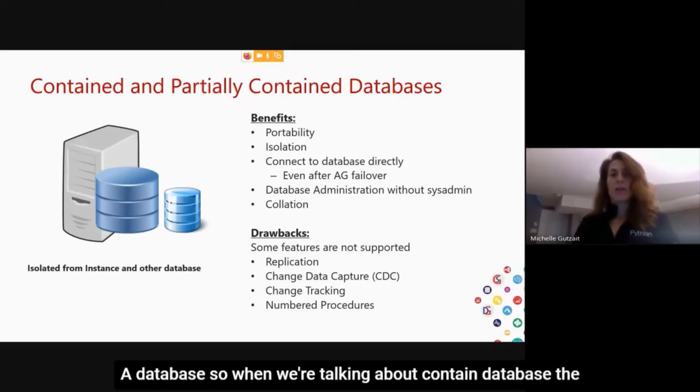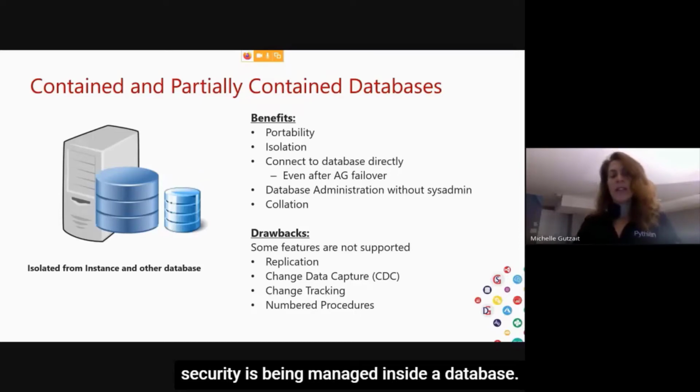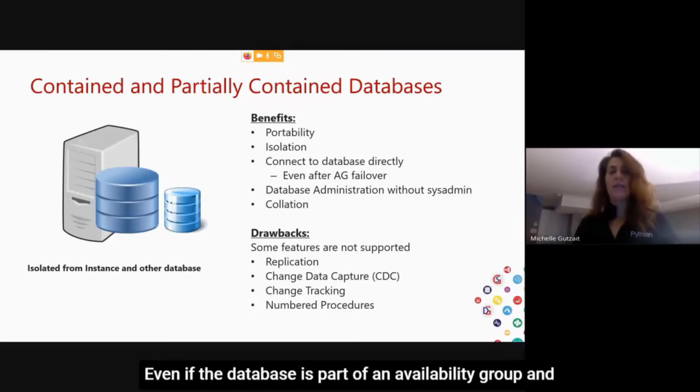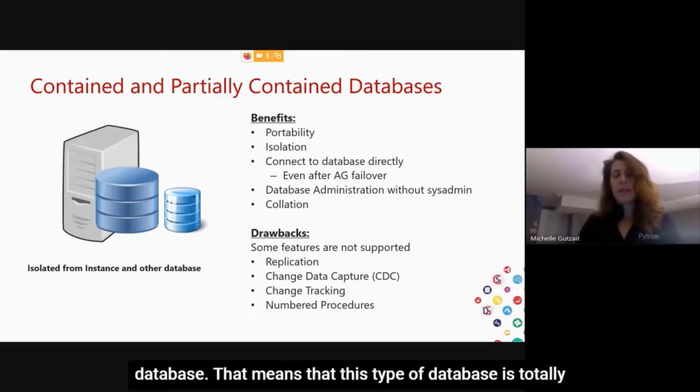So when we're talking about contained database, the security is being managed inside a database. So the users are connecting directly to the database. Even if the database is part of an availability group and there is a failover, the users can connect directly to that database. That means that this type of database is totally portable.